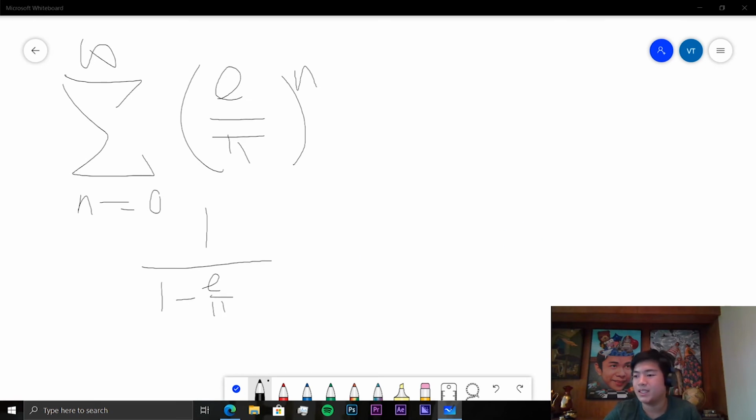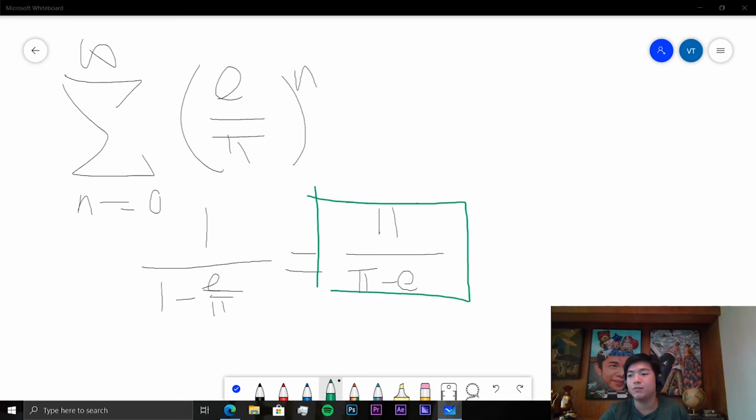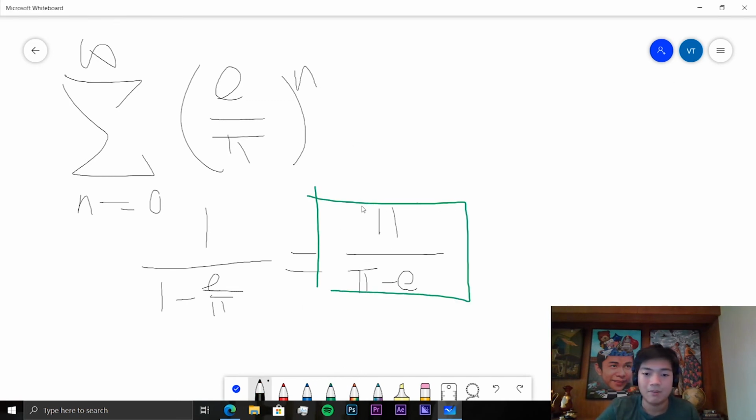I guess if they want us to simplify it, what could we do here? We could multiply both top and bottom by pi. So it would be pi over pi minus e. And so this is what it would tend to. Yes, it would converge, and it would tend to this.